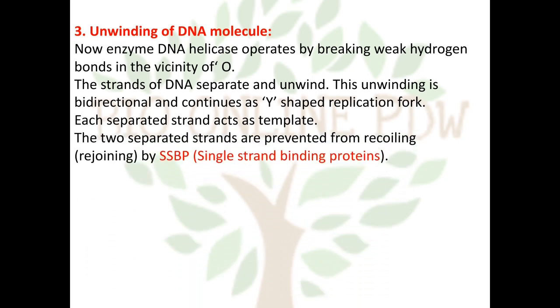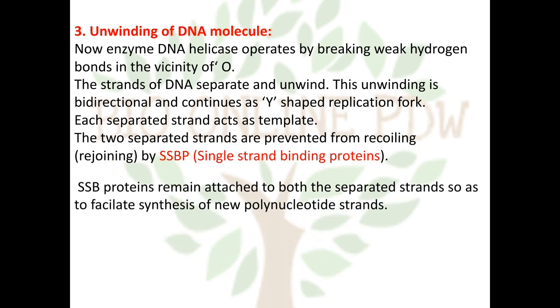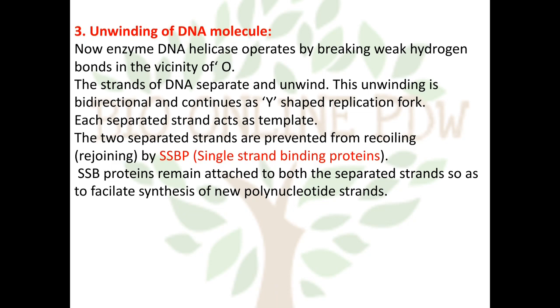The two separated strands are prevented from recoiling with the help of proteins called SSBP, single strand binding proteins, because they attach to the single strand of the DNA and prevent the recoiling of the DNA. SSB proteins remain attached to both the separated strands so as to facilitate synthesis of new polynucleotide strands.